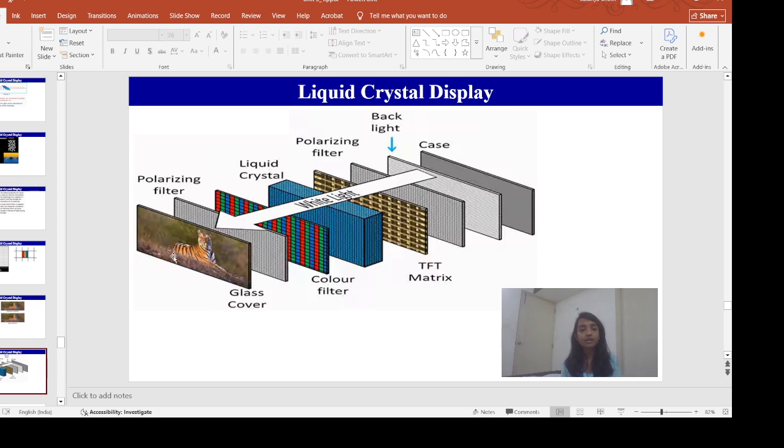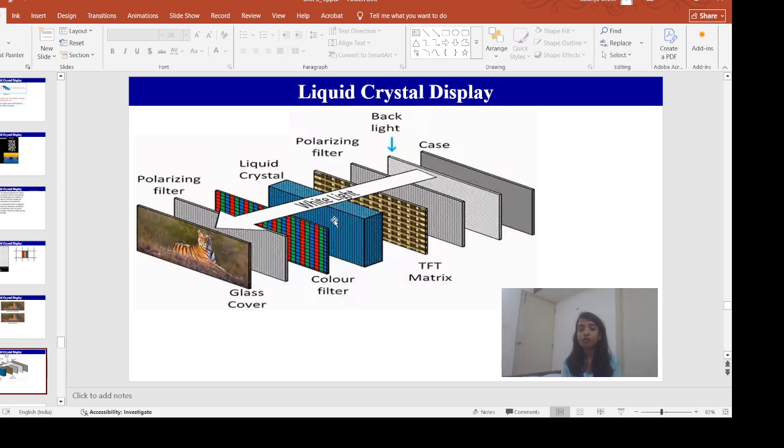Now let's say for example you want some portions black on the screen. In that case, what will it do? Up to this step it is the same. That means you are giving the backlight, which is a white light and an unpolarized light wave. First it is allowed to pass through the vertical polarizing filter and only the vertical component of the light comes out.